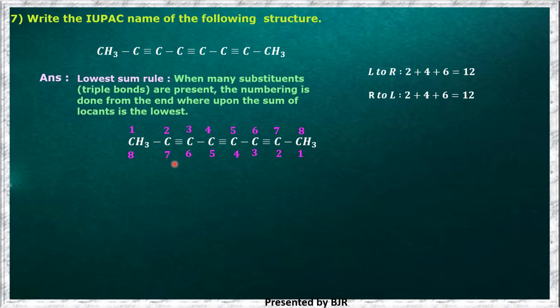So the second carbon, fourth carbon, sixth carbon contain triple bonds from left to right, and from right to left also. So numbering can be done either way because both are correct.